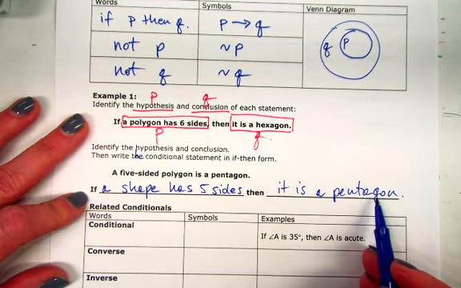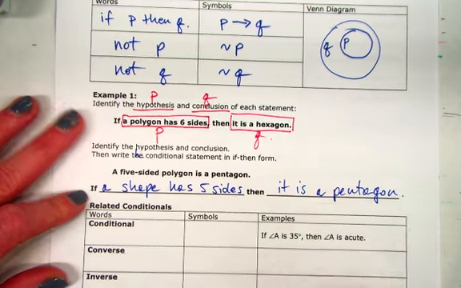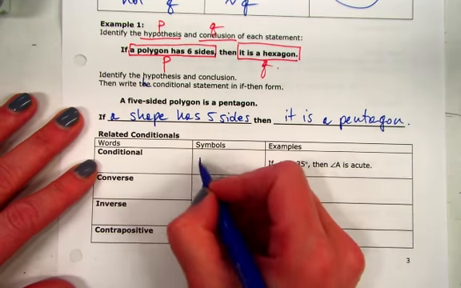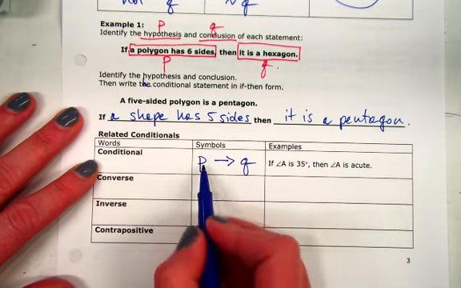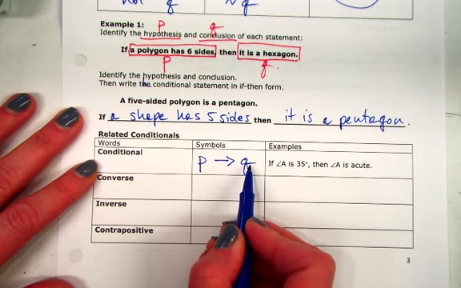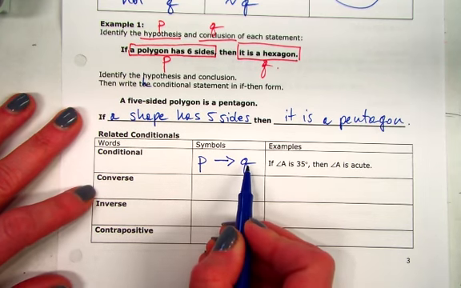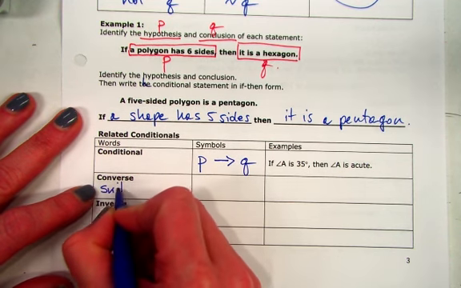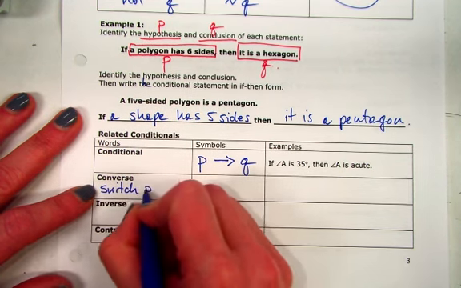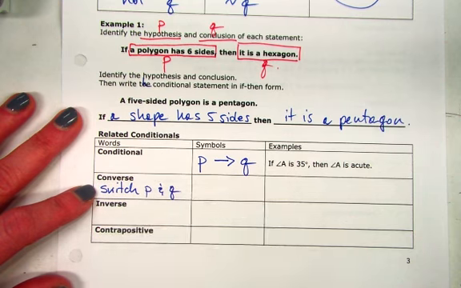So here's what you're going to have to do with the conditionals in this section. The conditional is, here are the symbols. You guys have seen this before. If P, then Q with the arrow. Here is what you do to write the converse of this conditional. You switch P and Q. And here's what I mean by that.